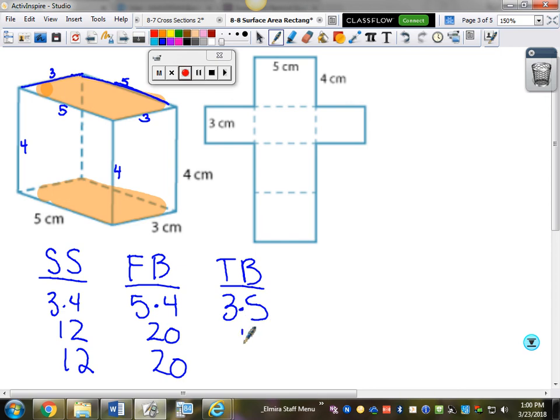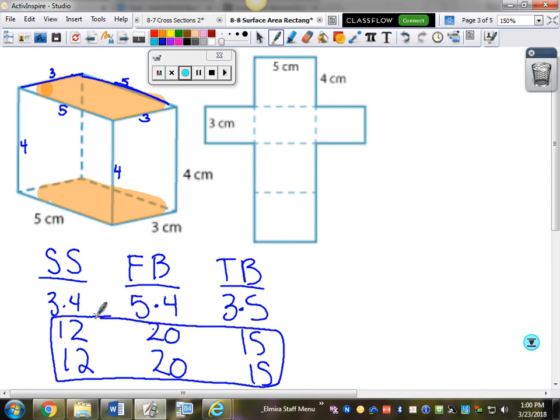So 3 by 5 is 15, and I need 2 of them. Now I know the areas of all 6 faces of my prism, so I can just add all 6 of these numbers together and get 94 for my final answer.